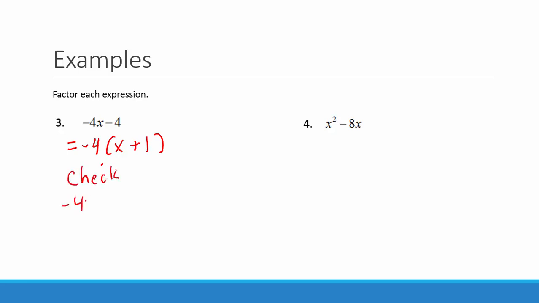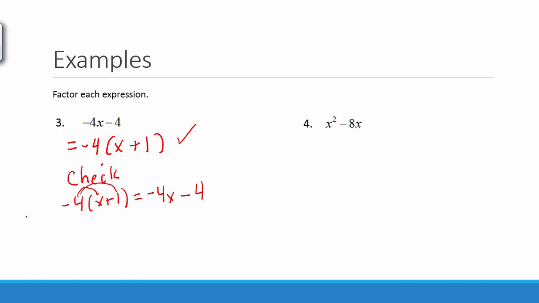Negative 4 times x plus 1. Negative 4 times x is negative 4x. And negative 4 times positive 1 is negative 4. So yes, we get the exact same polynomial when we multiply through. So this is the factored form of negative 4x minus 4.